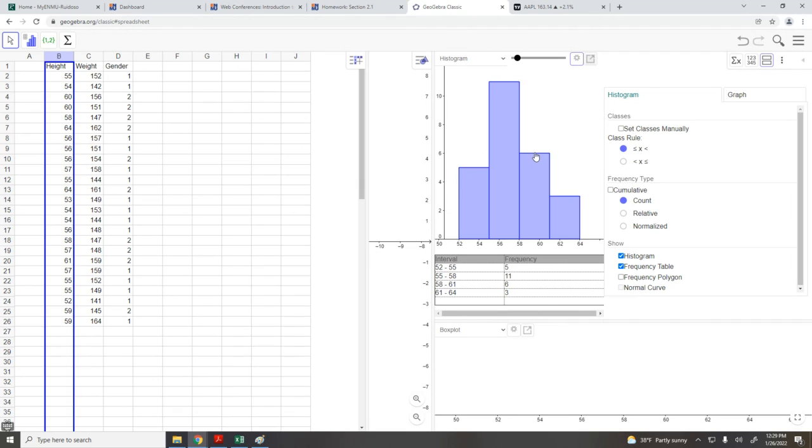This should be the midpoint, nearly 59.5, right? And this would be 62.5 or something. And you go for one more midpoint over here in the right hand side, beyond the rectangles, and one midpoint towards the left of all the rectangles. Then if you click on this frequency polygon, see how it looks like.